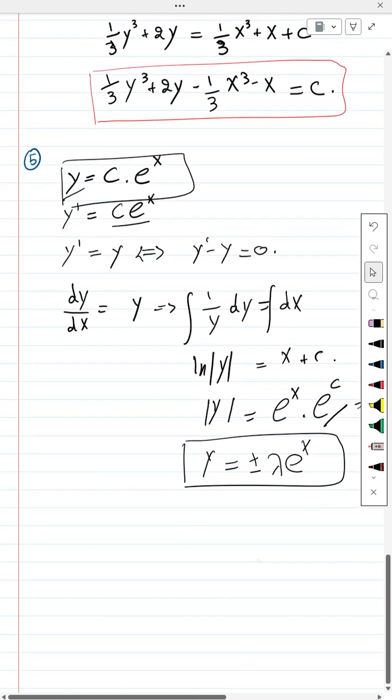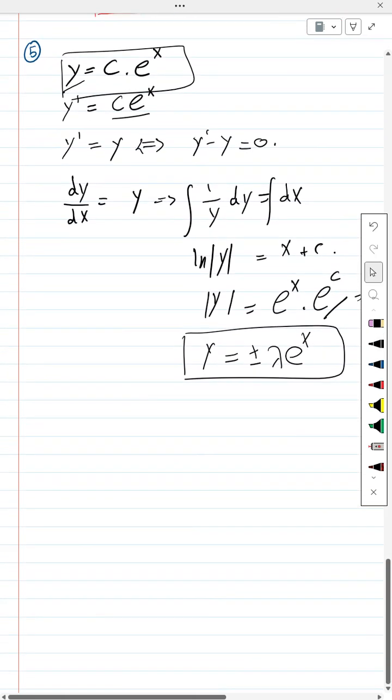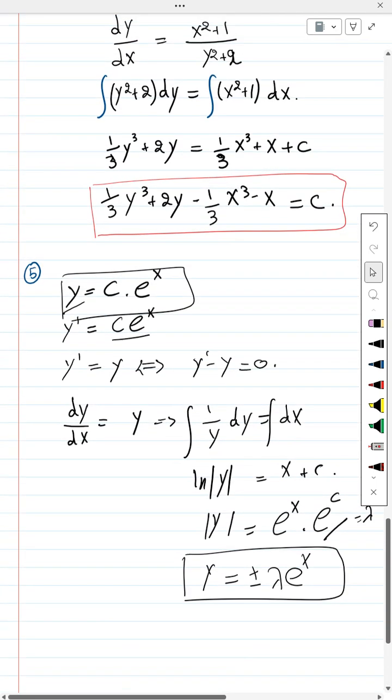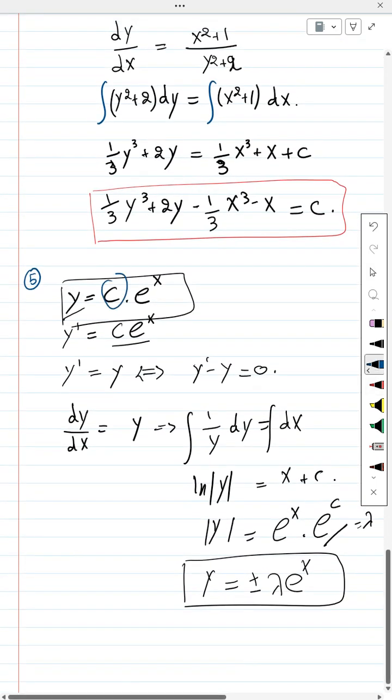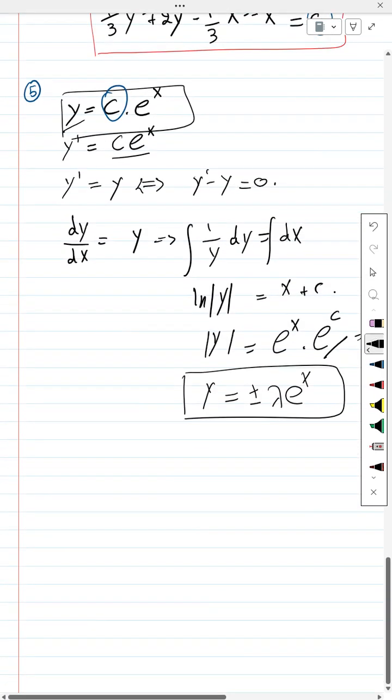And there is another method for how to solve it. Every time, we will put the constant on a side by itself. We have y is equal to c exponential x, so it's going to be y times exponential minus x is equal to c by itself.